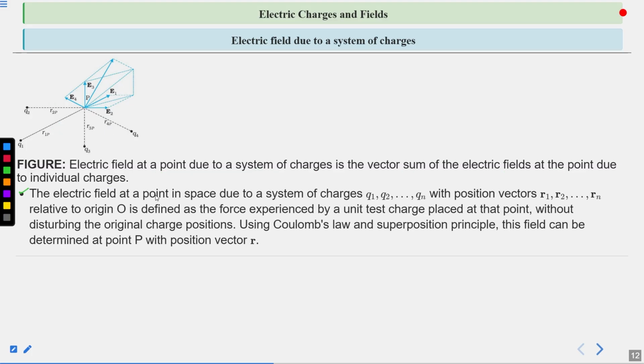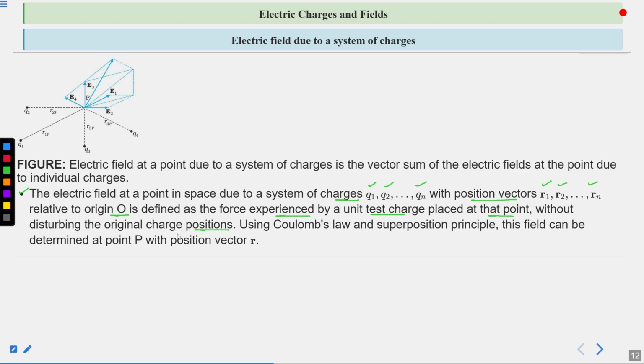The electric field at a point in space due to a system of charges Q1, Q2 and Qn, with position vectors, meaning distances measured from the origin, r1, r2 and rn for n charges relative to origin O, is defined as the force experienced by a unit test charge placed at that point without disturbing the original charge positions.